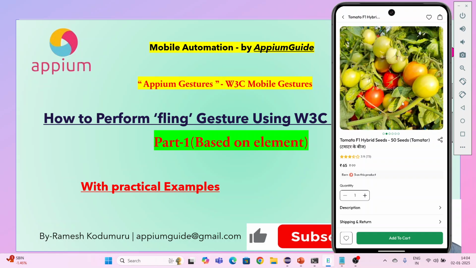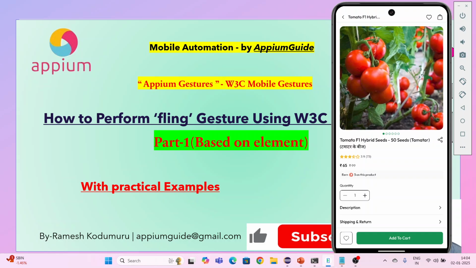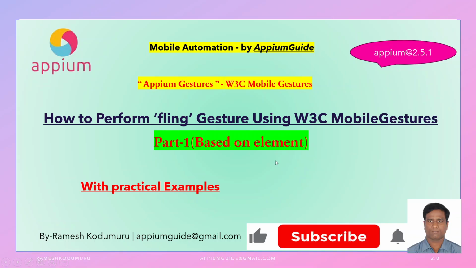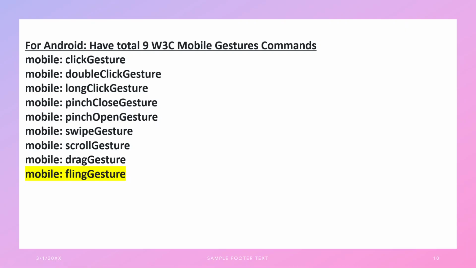Coming back to our command here. As you know, for Android we have a total of 9 W3C mobile gesture commands. In this one we are using the mobile: flingGesture command. By using this command we are going to perform the fling gesture on an element.